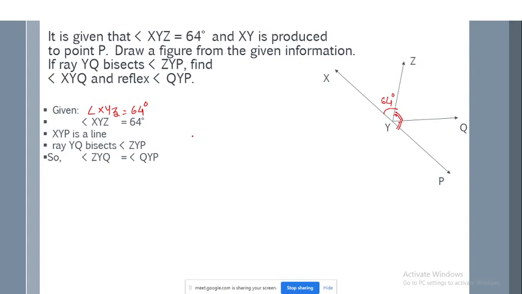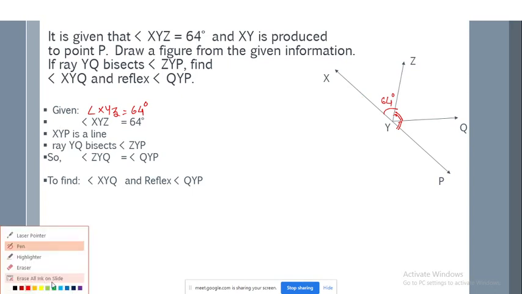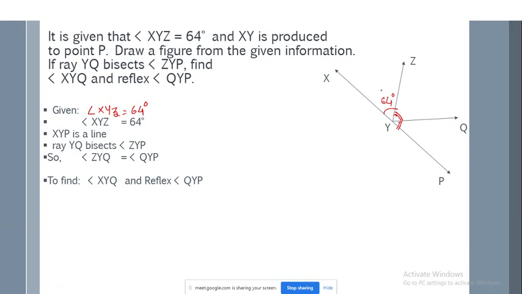Now, what are the things we need to find? We need to find angle XYQ, that is this angle, and we need to find the reflex angle QYP.